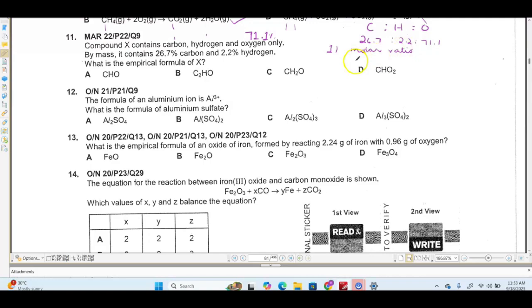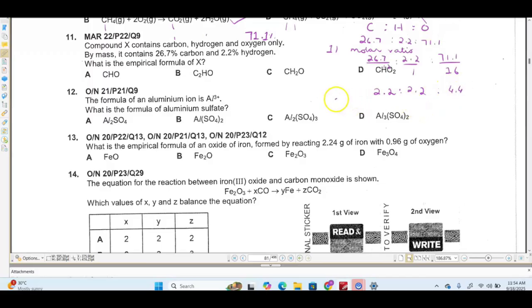And to find the molar ratios, we are going to divide these masses with their Mr numbers. So Mr for carbon is 12, for hydrogen it is 1, and for oxygen it is 71.1 by 16. So what we get over here is 2.2 moles for carbon, 2.2 for hydrogen and 4.4 for oxygen.